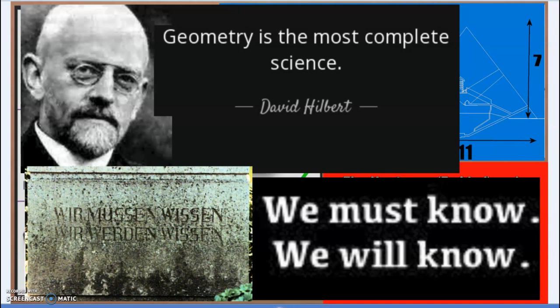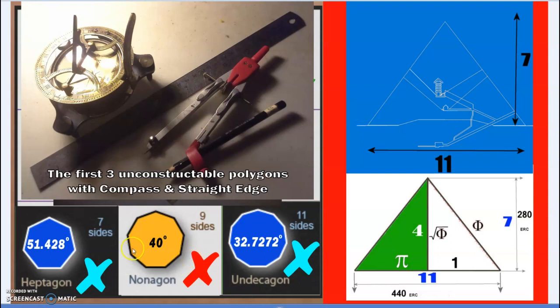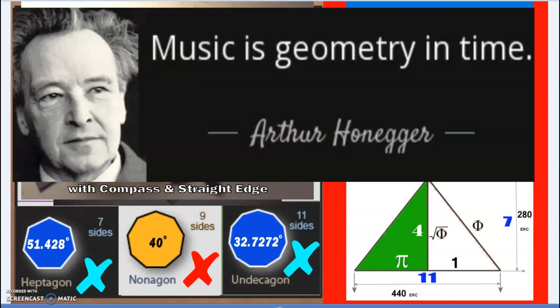We must keep looking. But so the 7, the 9 and the 11-sided polygon, they're the first three that cannot be constructed with compass and straight edge, 7 and the 11 on the Great Pyramid. Music is geometry in time, so the quadrivium: geometry, arithmetic, astronomy and music. In the past, these disciplines were connected, unlike now where they're unconnected, and maybe that's where the education system has lost us.